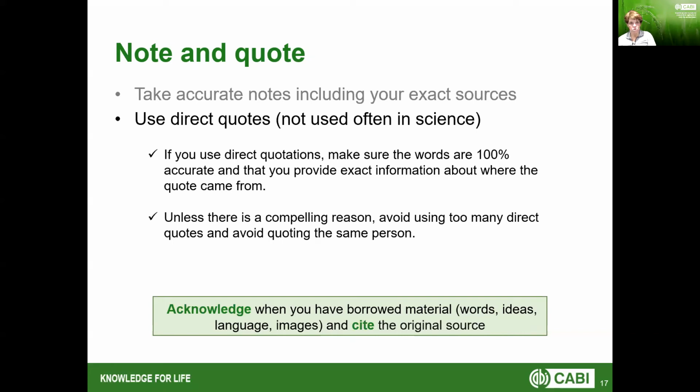In some cultures, it can be thought to be honoring someone to use their exact language, but in modern scientific writing, it is not a good idea to use many, many instances of the exact language of another author.